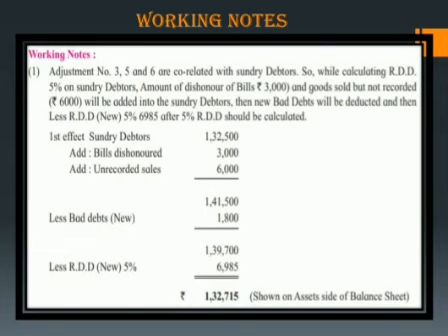RDD is calculated on 1,39,700. Means this calculation part is always the last because after having the adjustments related to debtors, first we have to complete that, and whatever the balance of debtors we get, on that balance we have to calculate the RDD.